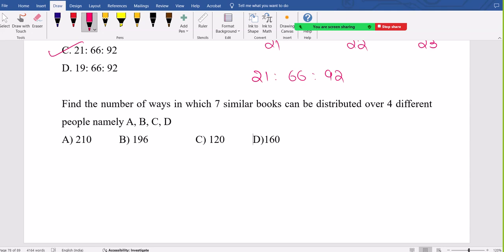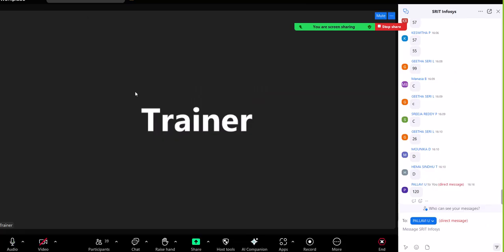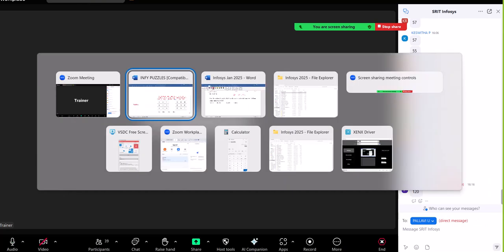Four different people, 7 similar books. $120.